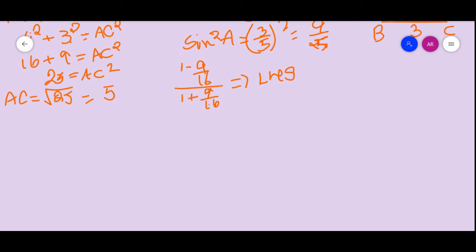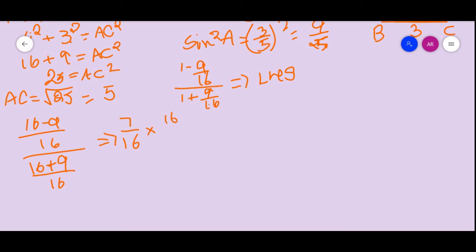For the numerator, it's going to become (16 minus 9) by 16 divided by (16 plus 9) by 16. So 16 minus 9 is just 7, so it becomes 7 by 16, and 16 plus 9 is nothing but 25. So the 16 and 16 get cancelled, and it's going to be 7 by 25.